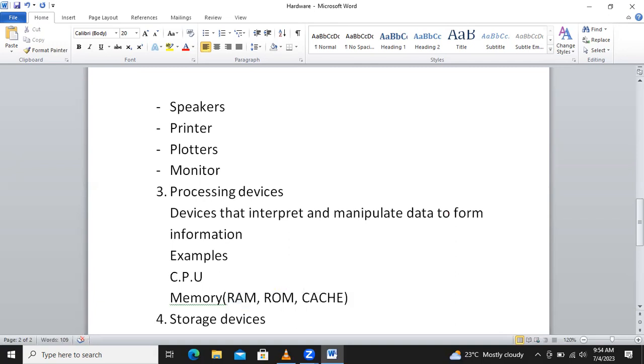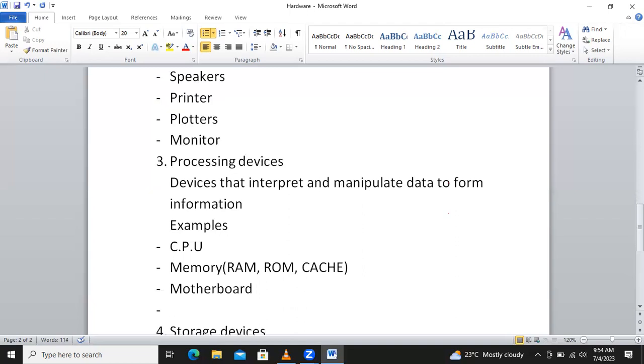There is something called the motherboard. It's also a processing device. There is another term for it. We also have another one called the bus.